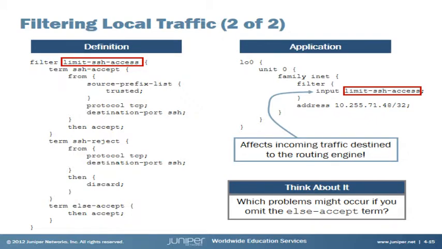So here's a filter, which is limit SSH access. The term is SSH accept, from source prefix list trusted, and we've got a prefix list that we have created. So from trusted, protocol TCP, destination port SSH, then accept, and we're going to reject SSH from everything else, all other SSH.